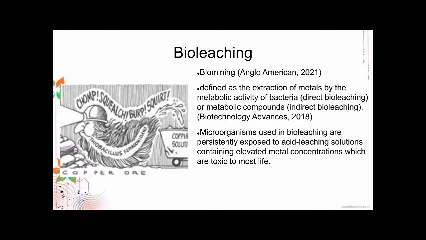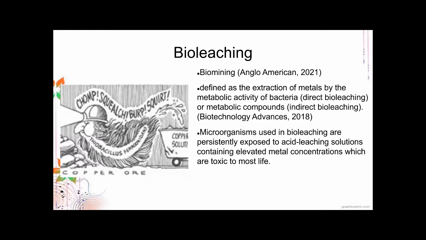One of the issues is that one of the pollutants is the high concentration of metal cations, which are quite toxic to us. Some microorganisms used in bioleaching are persistently exposed to acid leaching solutions containing elevated metal concentrations, which are toxic to most life.